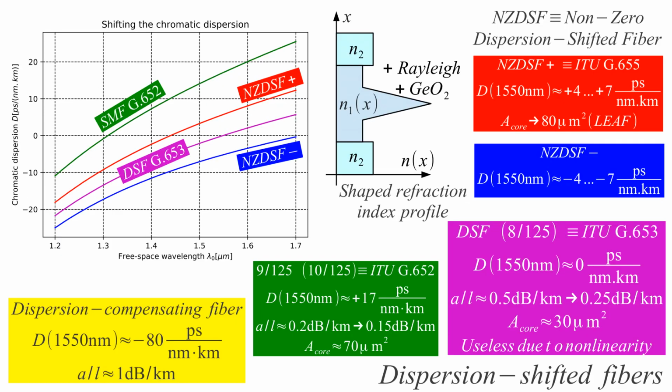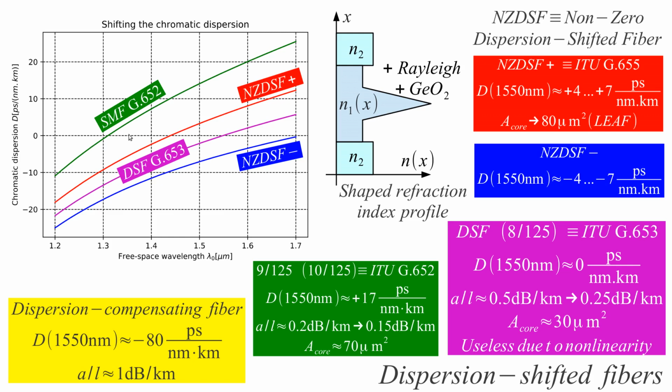If we look now at the solution, it was to modify the doping profile of the fiber, having a shaped refraction index profile, having a spike in the center of N1 of X, and having an even lower N1 than N2 close to the cladding. Such a doping profile may have a much stronger waveguide effect, and may shift our dispersion line from this.